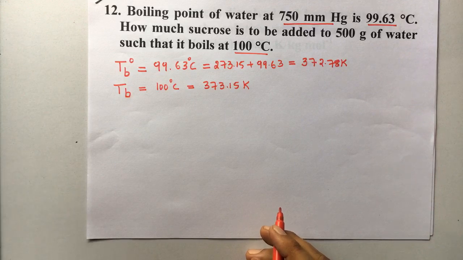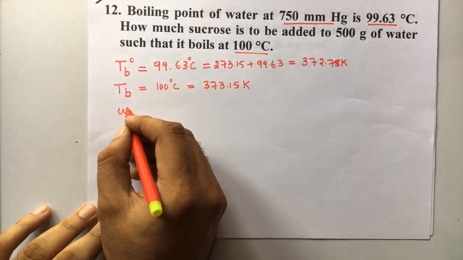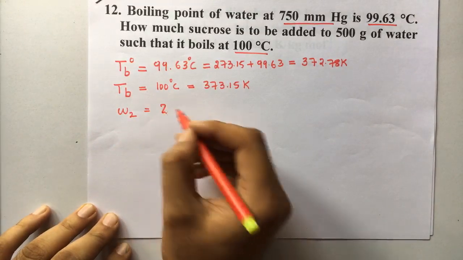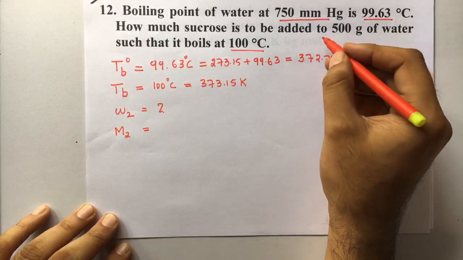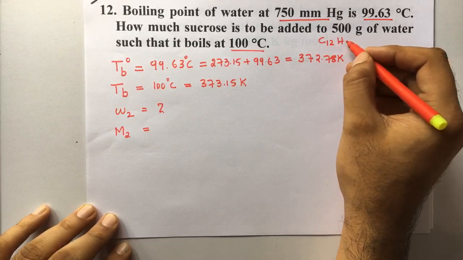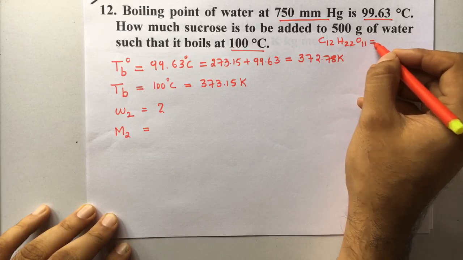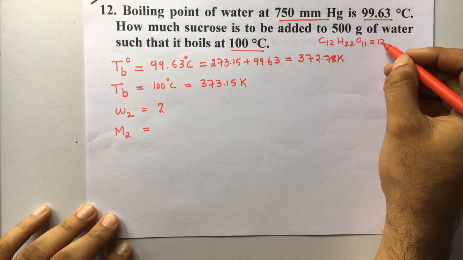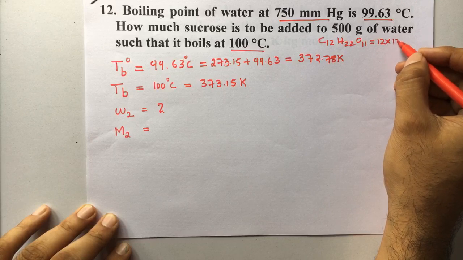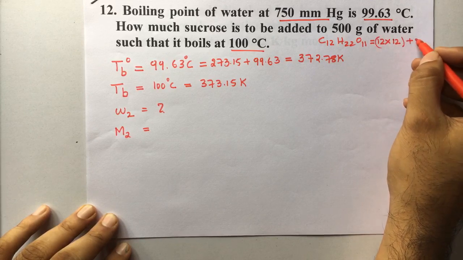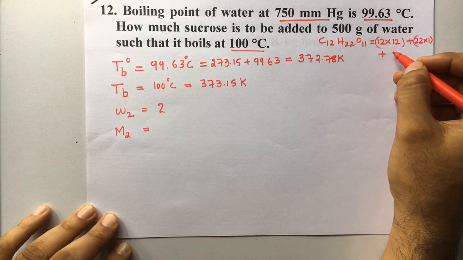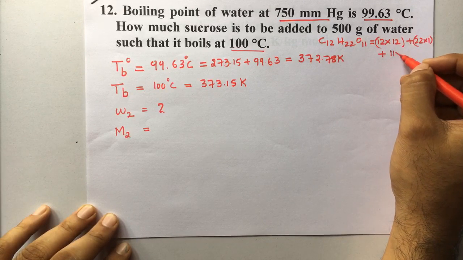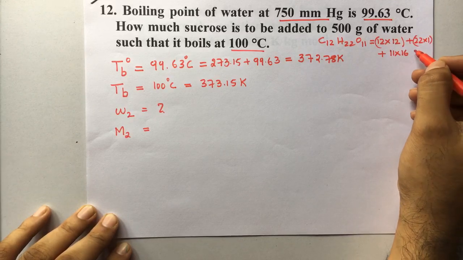Then they said sucrose, W2, how much has to be added? But we should know what the molar mass of sucrose is. What is the formula of sucrose? C12H22O11. So this should be equal to 12 multiplied by 12 plus 22 multiplied by 1 plus 11 multiplied by 16.